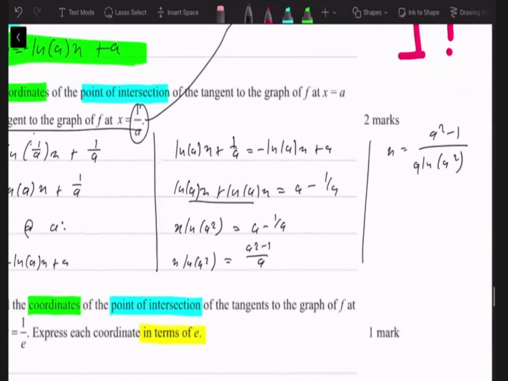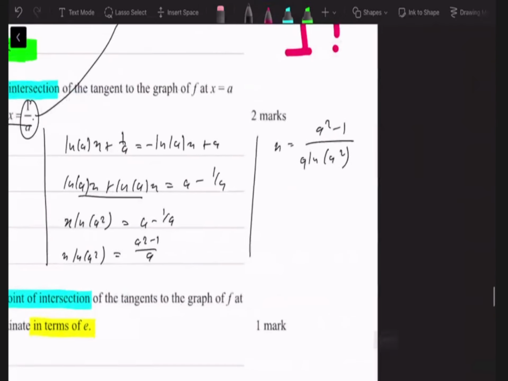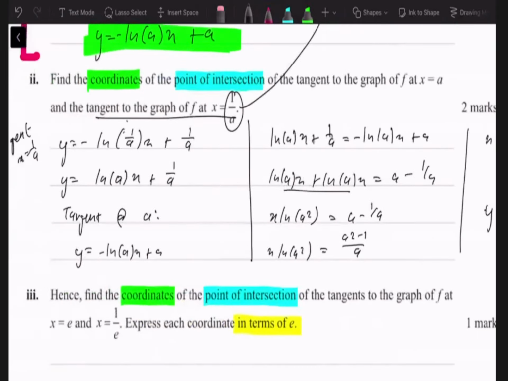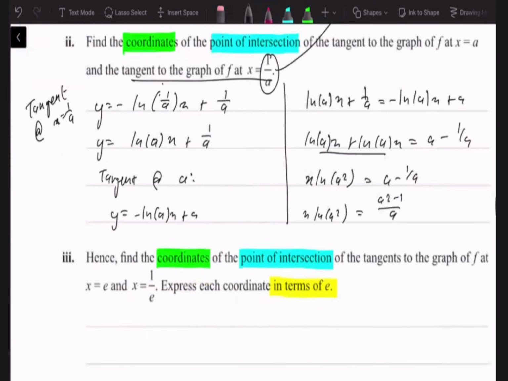And so you don't want to do that by hand again. I probably should have done most of this by CAS. But you can put that back into your function to get y, and this is your coordinates. But make sure to write them in coordinate form and not what I've done here, because it's asking for coordinates.